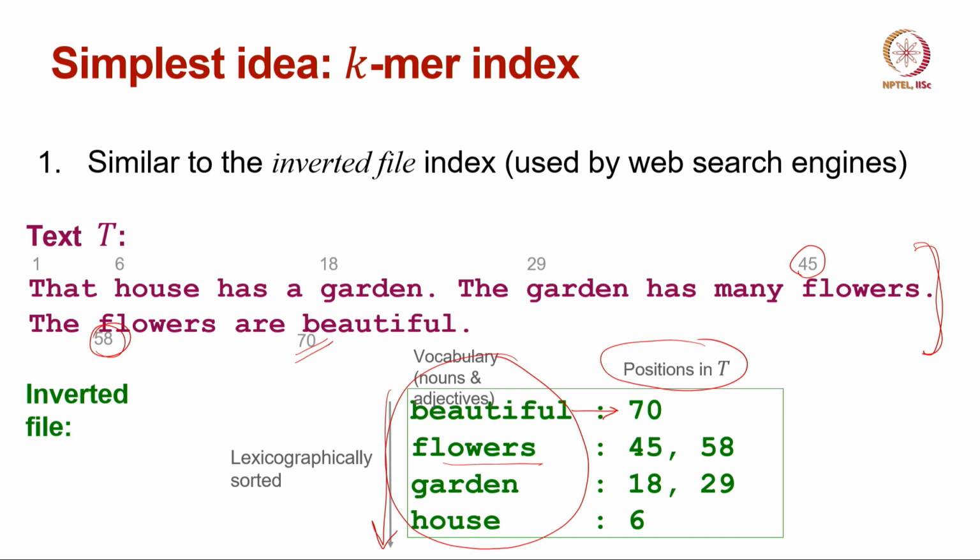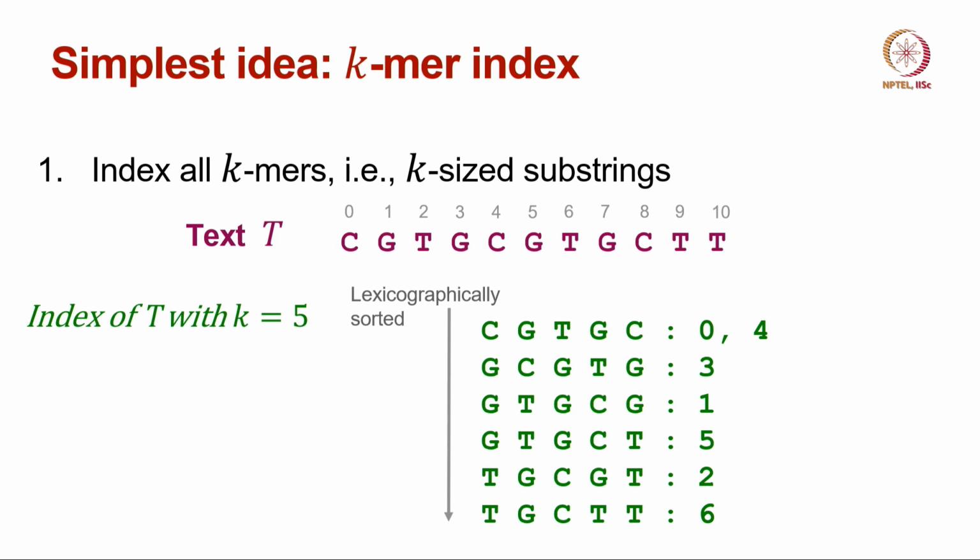So, extending the same idea, the idea of a k-mer index is to basically index all k-mers, and by k-mers I mean the k-size substrings in my biological text T. So, in this case, suppose k is 5, then I would consider all substrings of length 5. All substrings of length 5 will be considered as words in this document, and I am going to build a lexicographically sorted table of all distinct k-sized substrings.